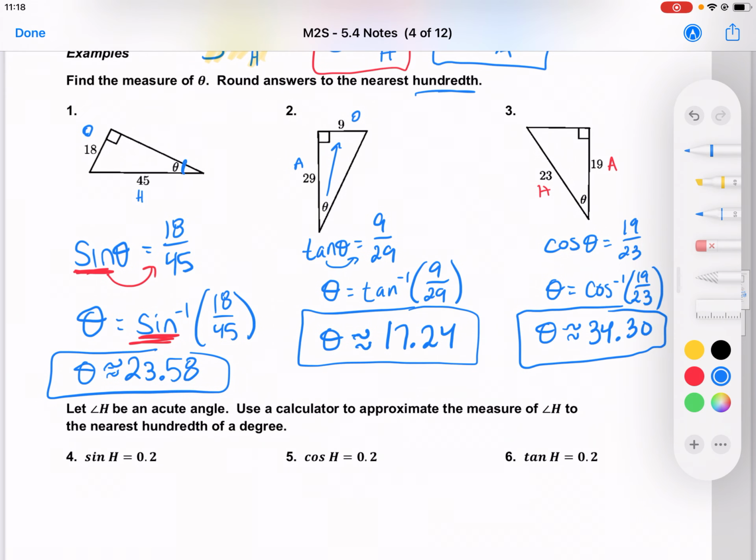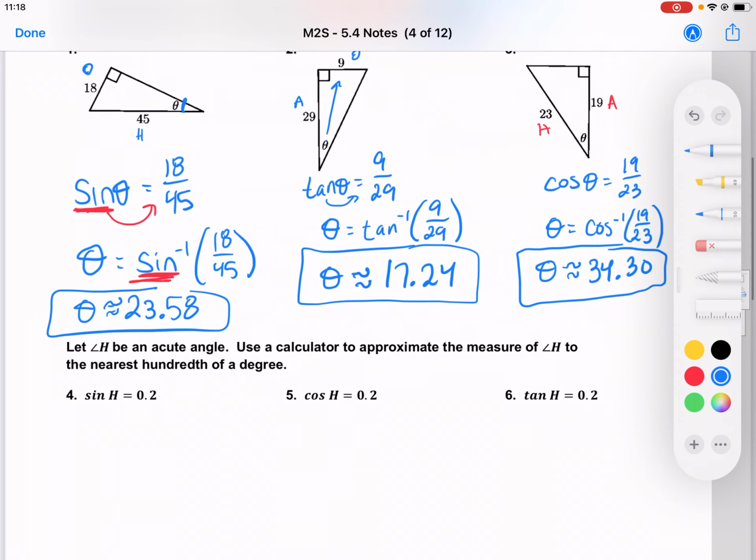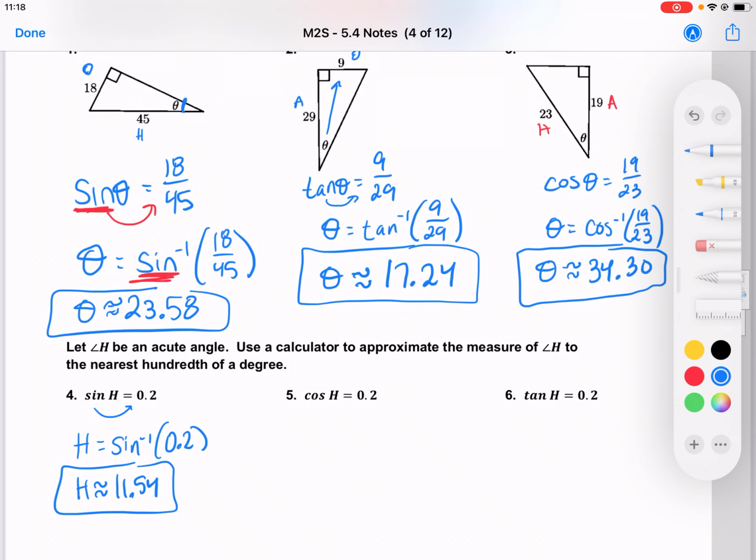Same thing applies here. To move that sine over and find h, you just do sine inverse of 0.2, and then type that in. So h is approximately 11.54. For this one, h would be cosine inverse of 0.2, so we're approximating all of these.